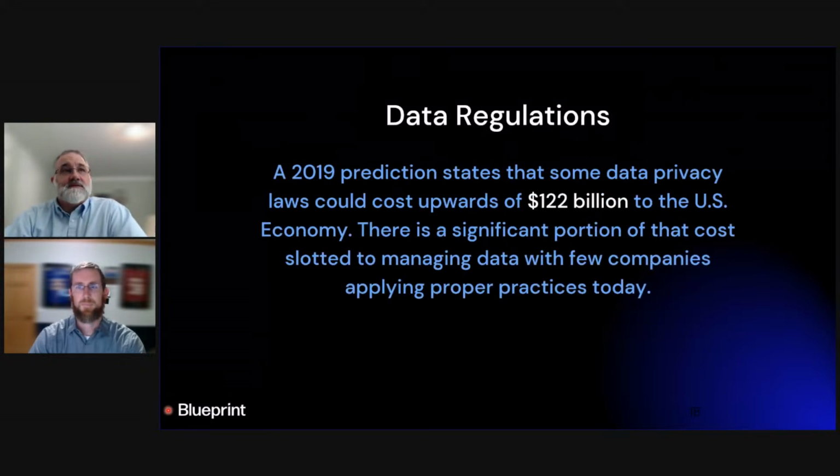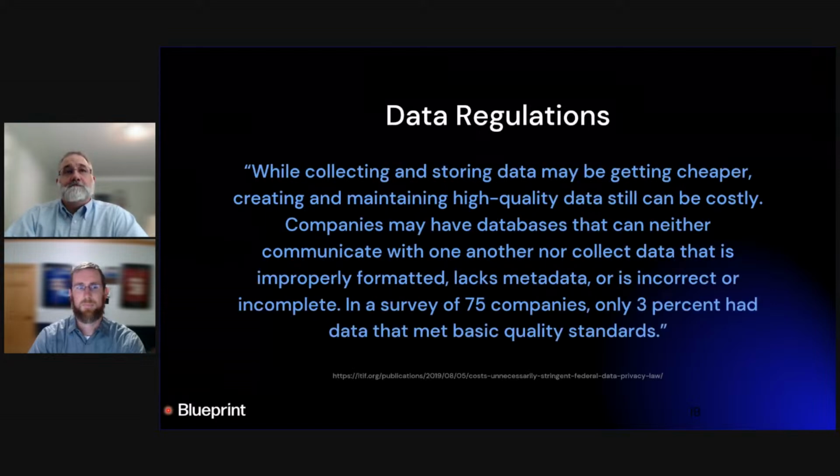There's a 2019 paper, which is a little bit older, but it's still at least on the order of magnitude and reflective of the cost. It states data privacy is going to cost the U.S. economy $122 billion, and a significant portion of that cost is slotted to managing data, with few companies applying that today. In that paper, it goes on to discuss the strictness of the regulations.